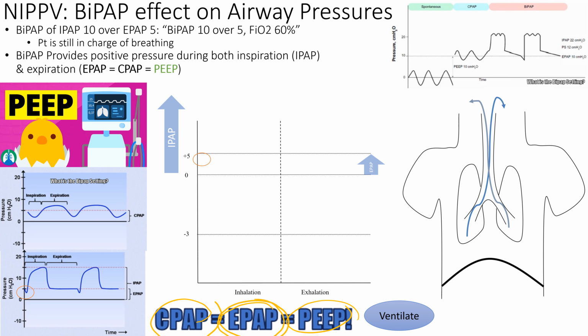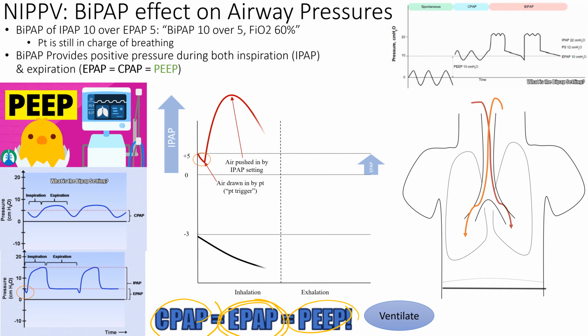So as we ventilate, you can see it's going to detect that inspiration. Here's our normal inspiration right there. We are inspiring, so it kicks in and goes all the way up to a certain level.